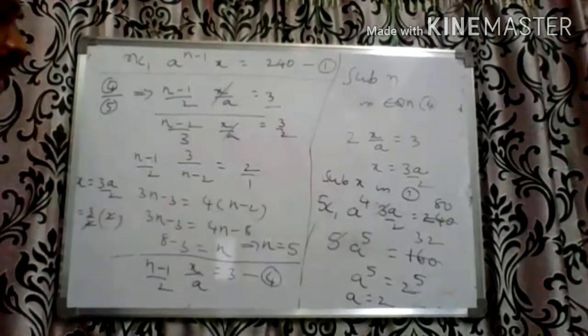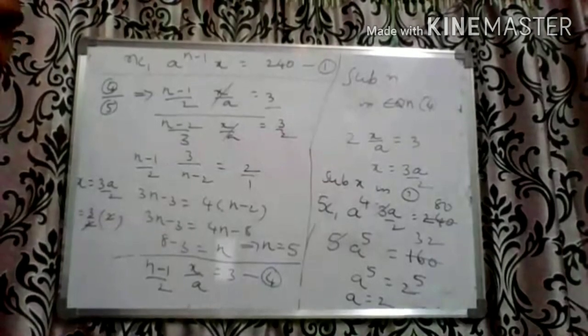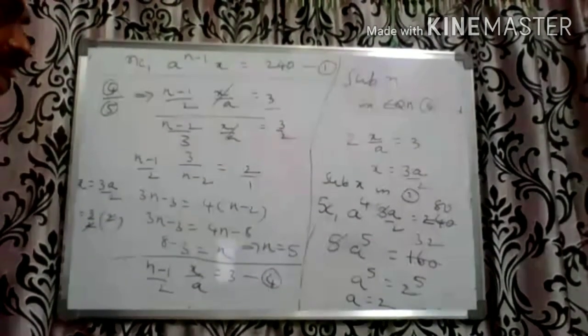Second, third, fourth term. Next, 3 by 2, 2 by 1, solve 2 by 1, 3 by 2. Next, 4 by 5.